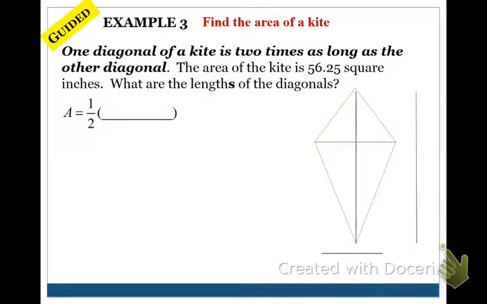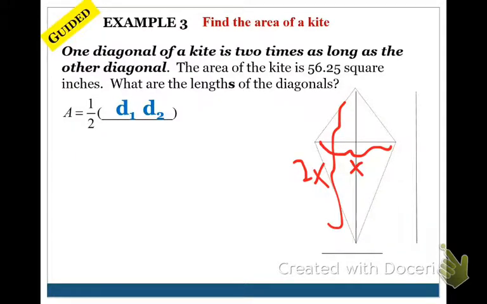We've got to find the diagonals. One diagonal is 2 times as long as the other. So what should we call the short diagonal? X. The short diagonal, this is X. And then the long diagonal is what? 2X. So then we're going to plug that into 1/2 D1 times D2.